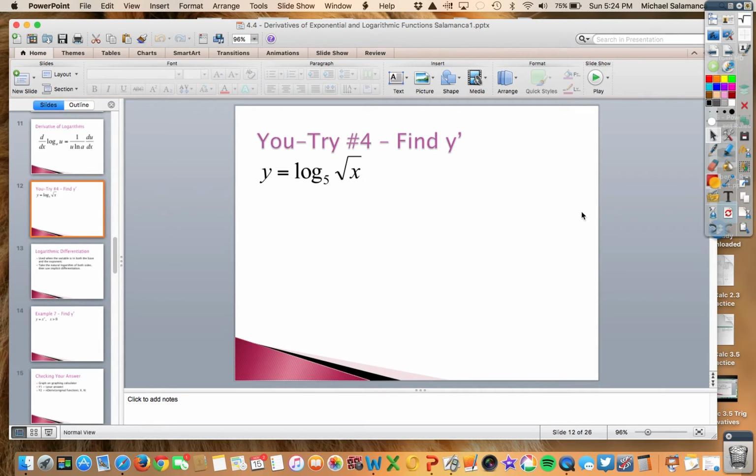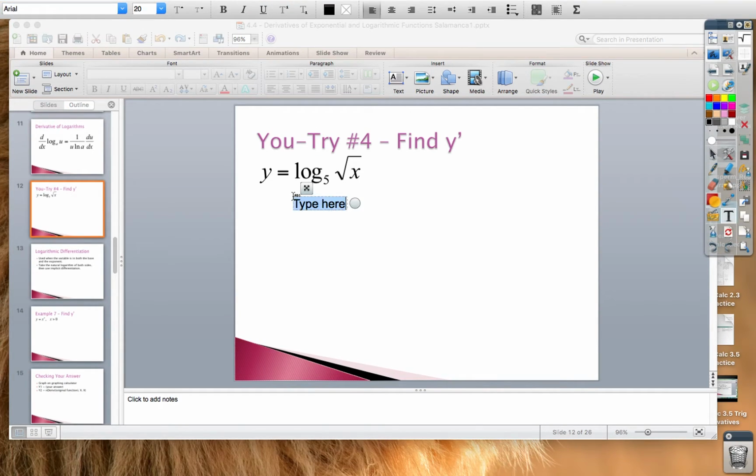We have log base 5 of the square root of x. Now using the rules that I just gave you, this is going to give us 1 divided by square root of x ln 5. Here's the part that might be a little tricky.